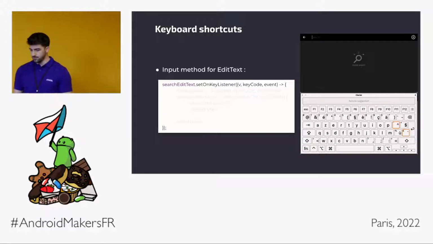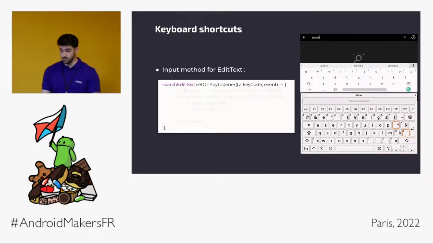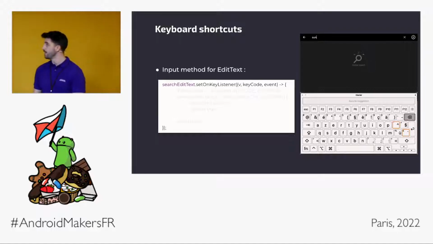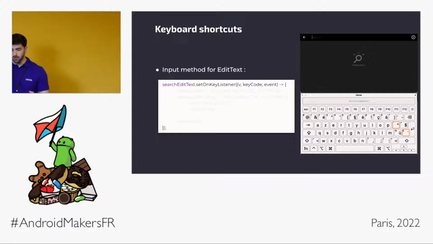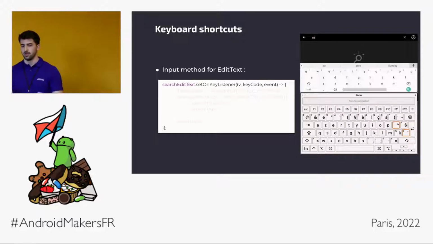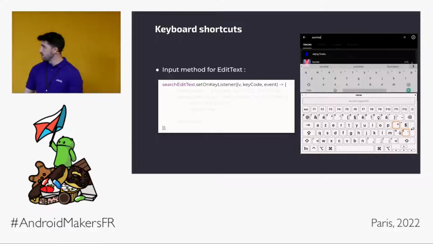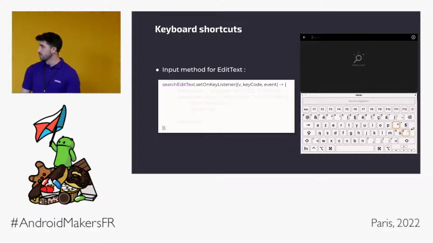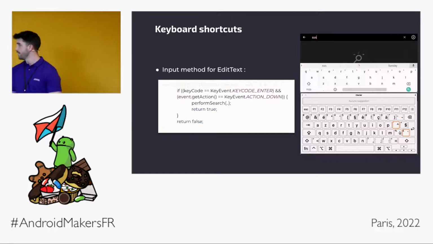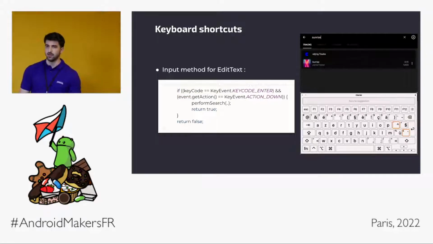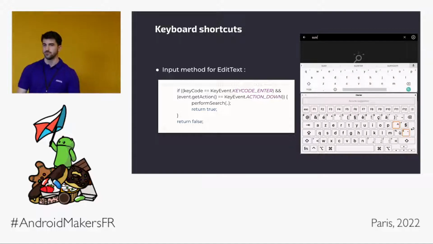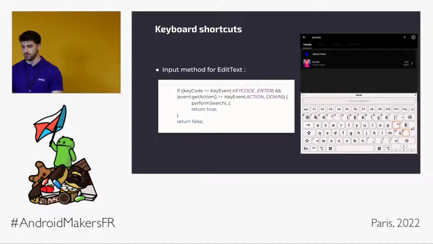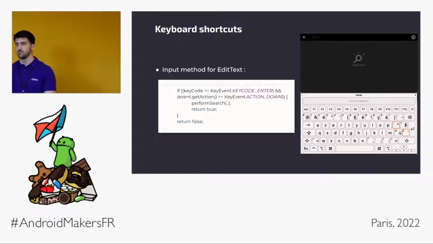If you want to avoid this and make the user experience better, you can use shortcuts and override the Enter key behavior. Directly on the EditText, you can set an OnKeyListener, and you can get the key code like before. So for example, in edjing, you just have to type the name of the track, and on the Enter key, you start the search.